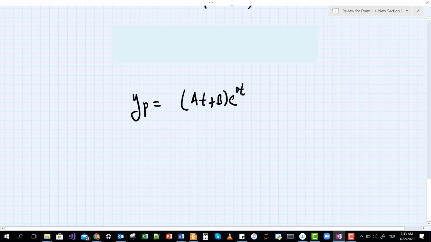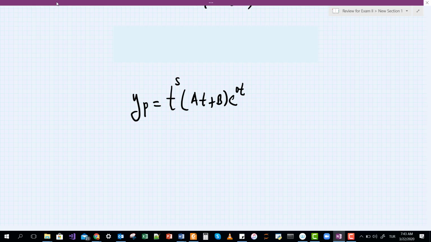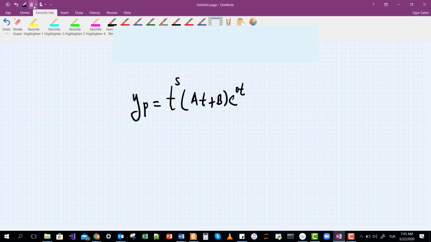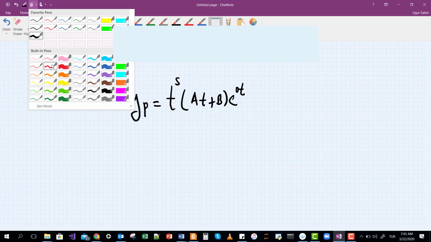That's why you can just write it down in this way. But you need to always have this extra term so that I can determine what the s is going to be. To determine what s is, I need to figure out if my r is one of the roots.